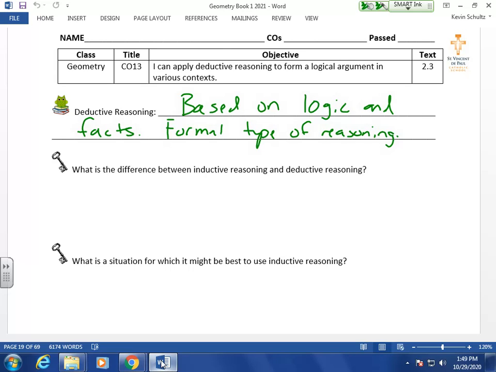So the difference between inductive and deductive, okay, we can kind of make a little chart here. Inductive is observations, as Gabby said, past experiences, both of which are perfectly good things.